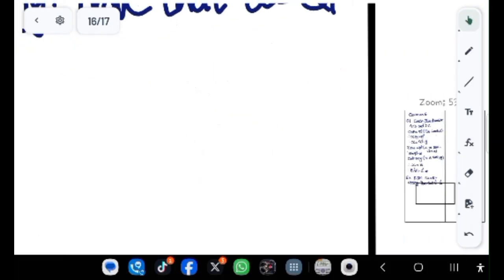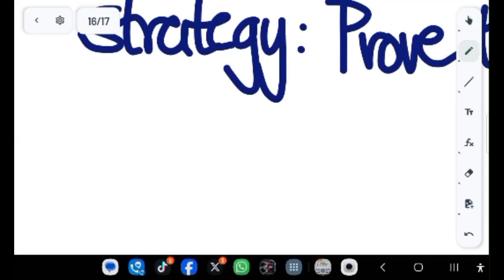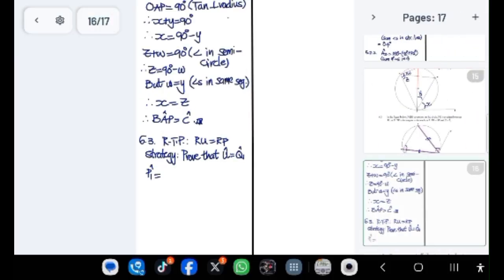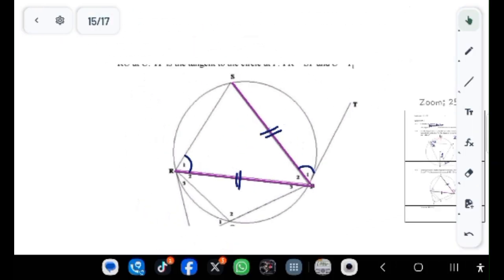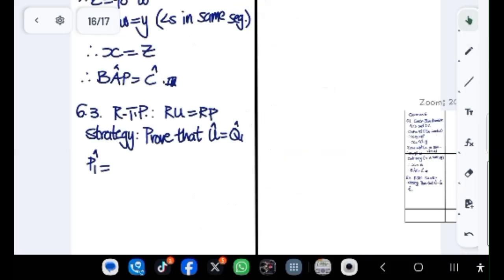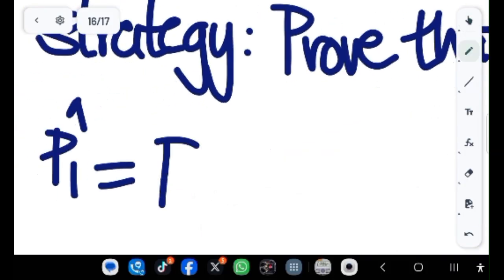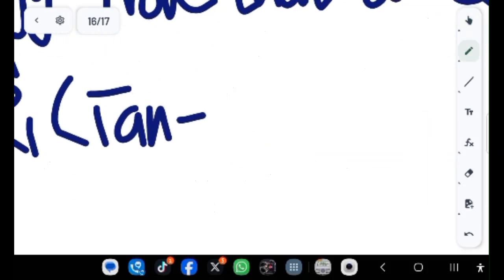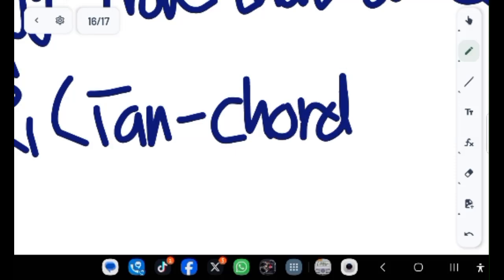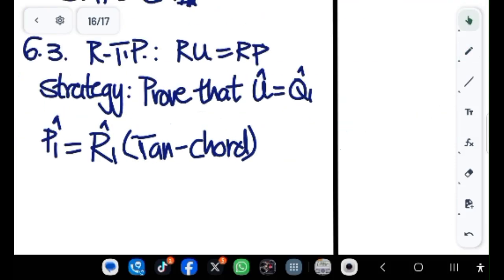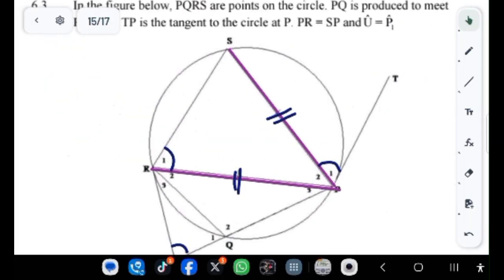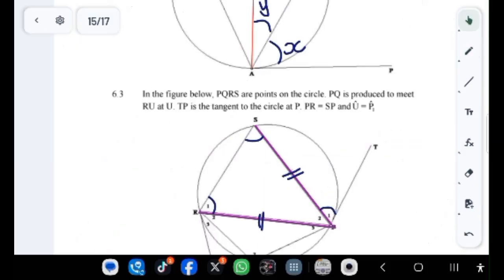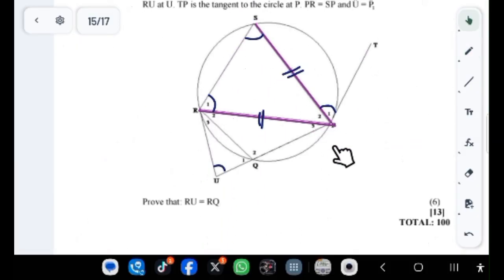All right, but R1 is equal to angle RSP.